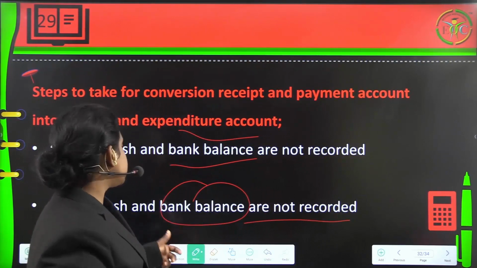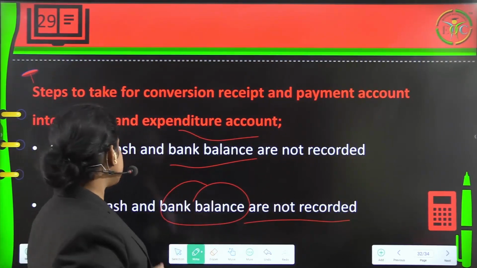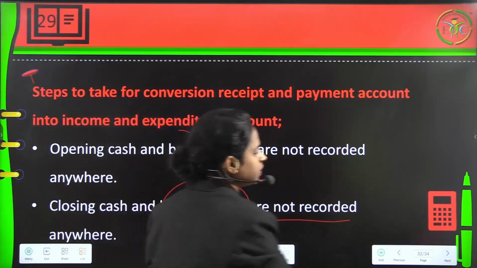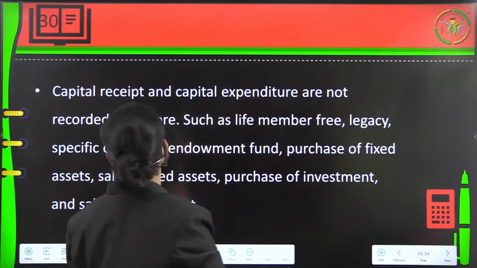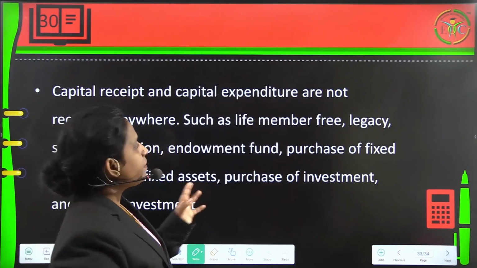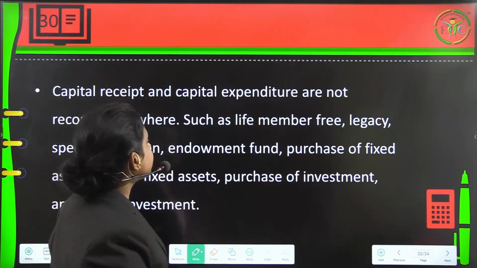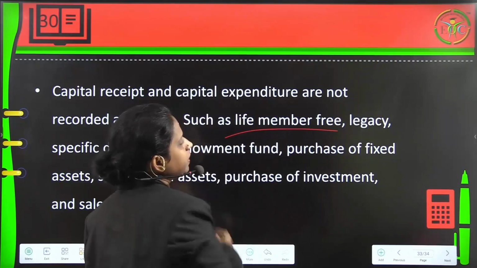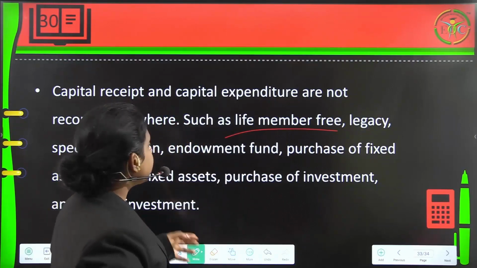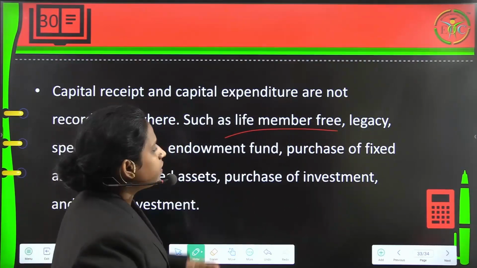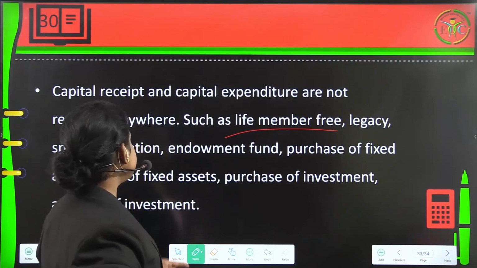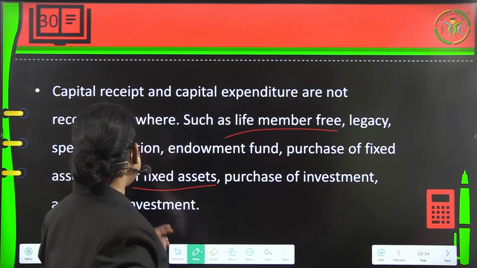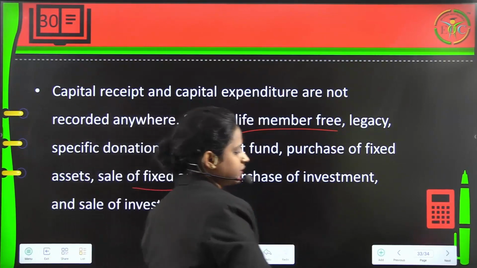Then capital receipts and capital expenditure are not recorded, such as life member fee, legacy, specific donation, endowment fund, purchase of fixed assets, sale of fixed assets, purchase of investment and sale of investment.